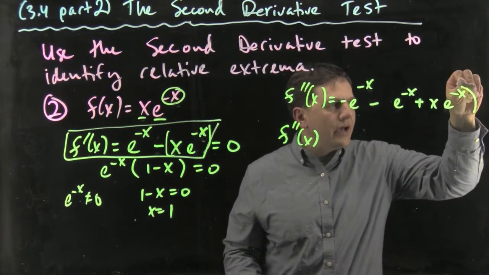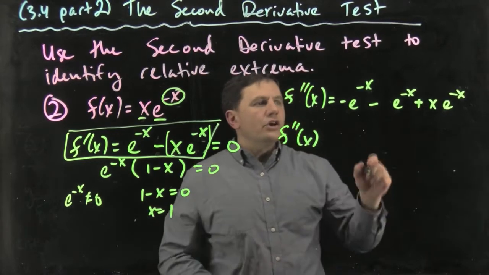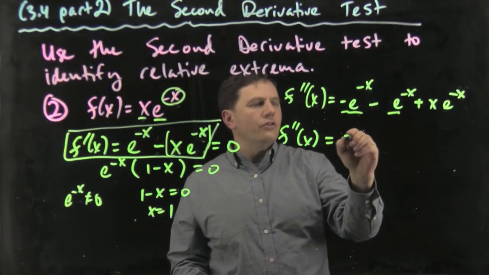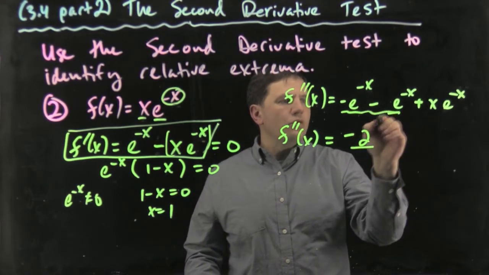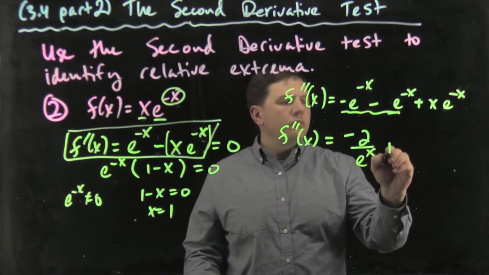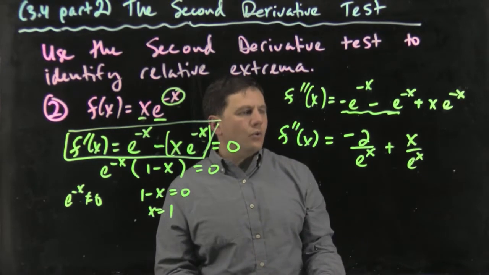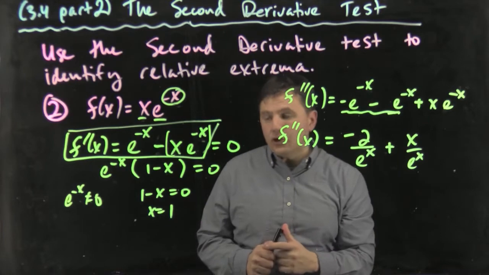Okay. And these negative exponents, e to the negative x, I want to move those to the denominator, all right? So first of all, notice these are like terms. So I'm going to call this -2 e to the negative x, and then I'm going to move the e to the negative x to the denominator, making it -2 over e to the x, plus x over e to the x, okay? So if you need to put a step in there, go for it, but I think this is going to be the easiest thing to use.